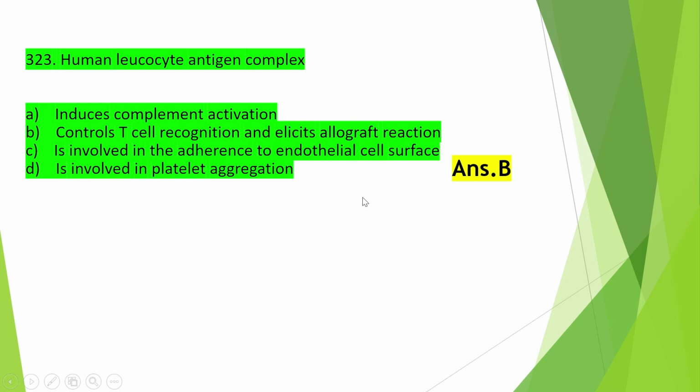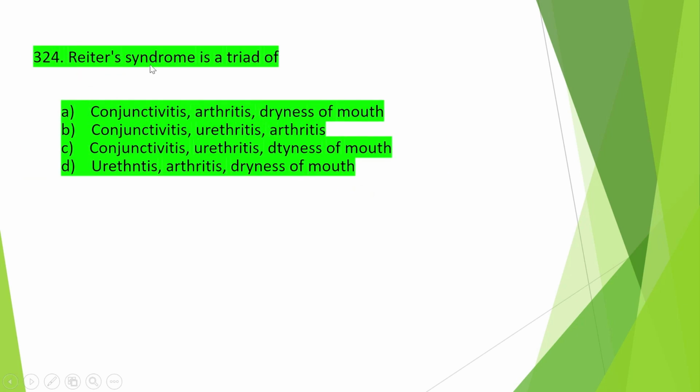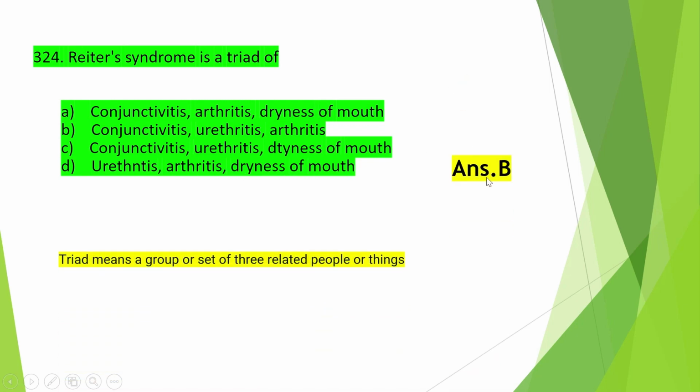Okay, now the next question is, Reiter's syndrome is a triad of conjunctivitis, arthritis, dryness of mouth, or conjunctivitis, urethritis, or arthritis, or dryness of mouth, or urethritis or arthritis or dryness of mouth, and the right answer is option B, that is conjunctivitis, urethritis or arthritis.